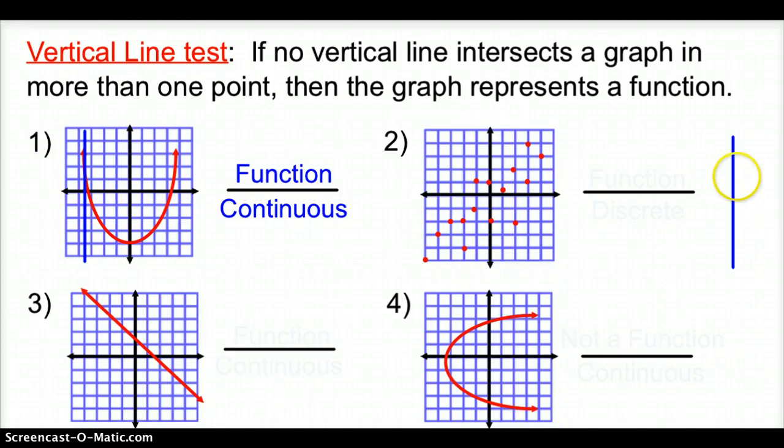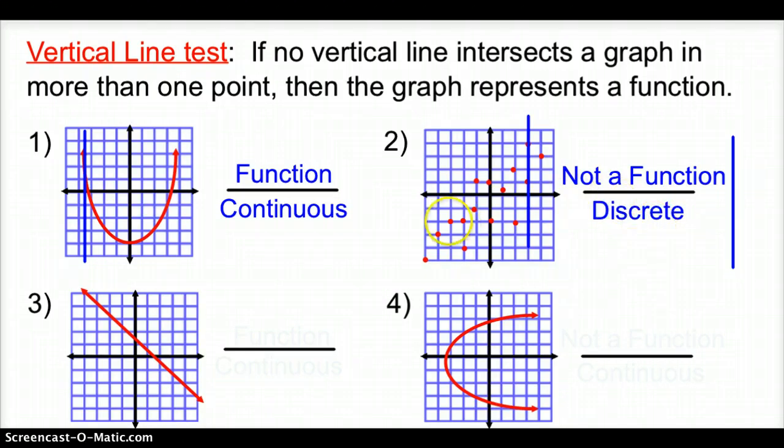Looking at number 2, can I take this line and put it through any 2 points? Let's see, I have 2 points right here. So is this a function? No, it is not a function. And then what kind of relation would this be? It is a relation, but what kind?